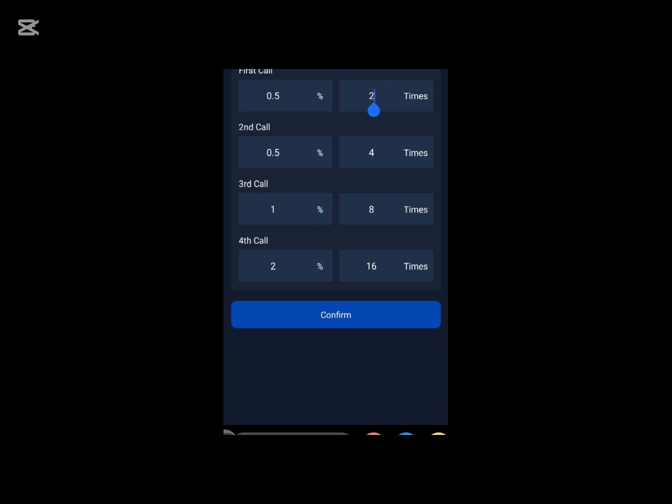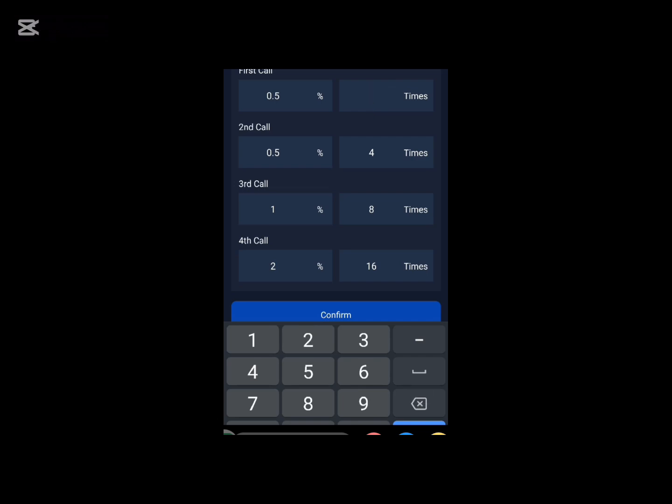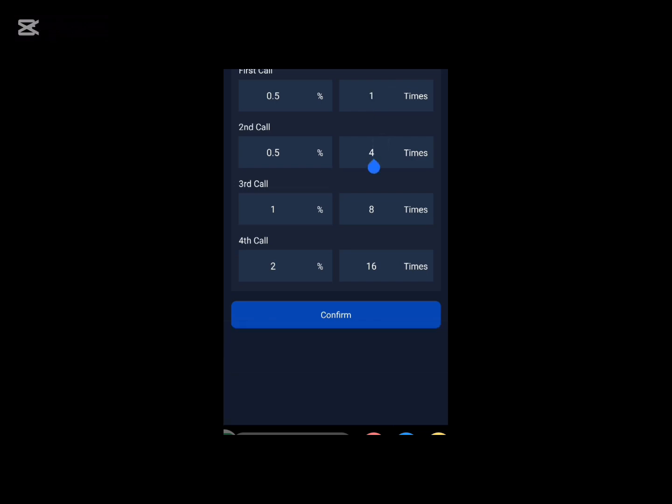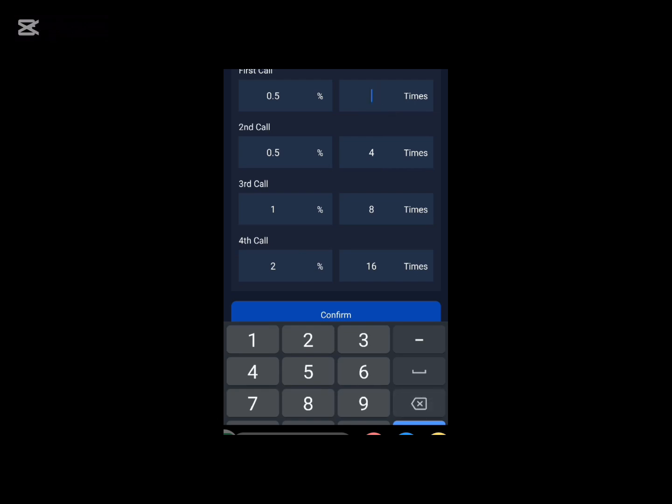How many times do you want to buy? Let me say use 1 time. Only 1 time, it will buy $10. If you use 2 times, it will buy $20 for you. 10 times 2 makes 20. 10 times 4 makes 40. You can see you have $10 for diamond. So if you use 4 times here, it will buy 10 times 4, making $40. And you have $50 capital.